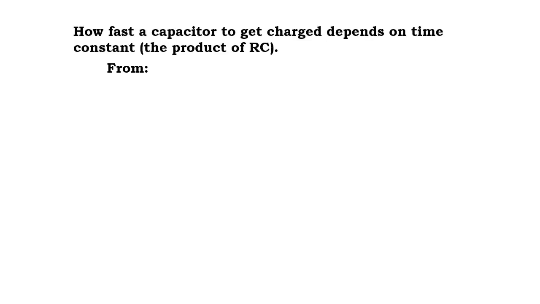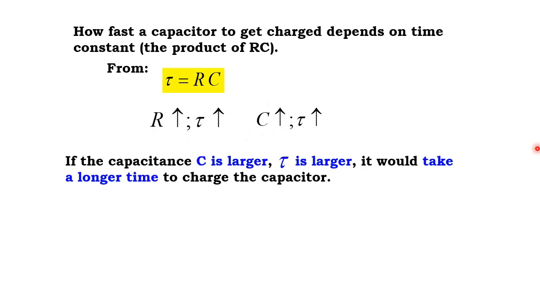How fast a capacitor gets charged depends on the time constant. By referring to the formula tau equals RC, if you increase the resistance and capacitance, the time constant will increase.